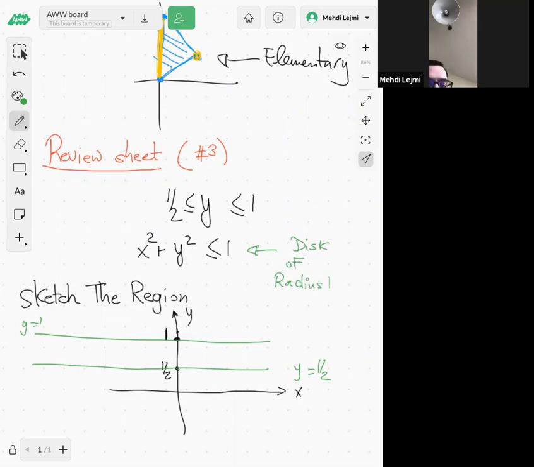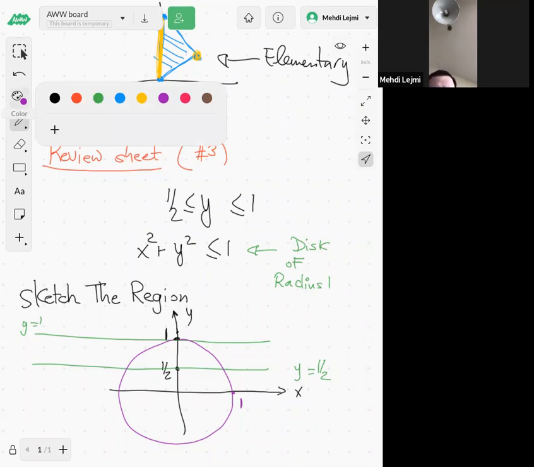Your region D would be the one between y equals half and y equals 1. So this is your region D. My question here would be: is this an elementary region?